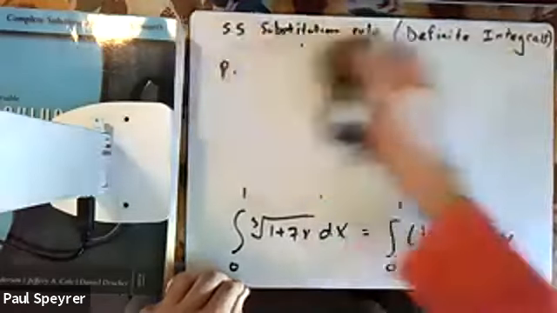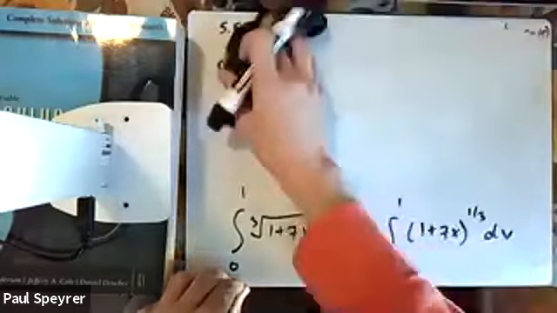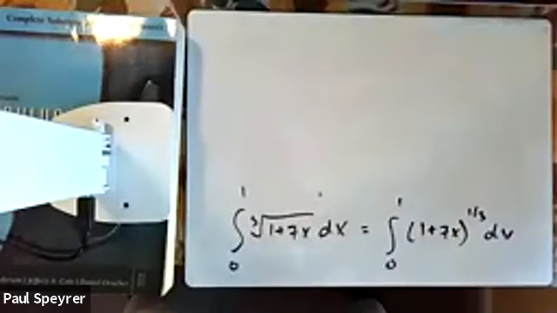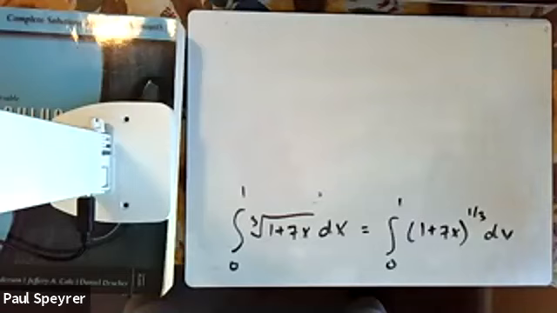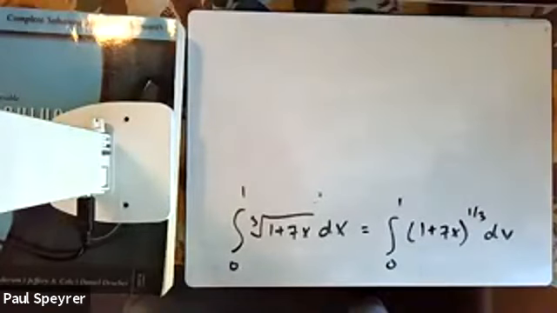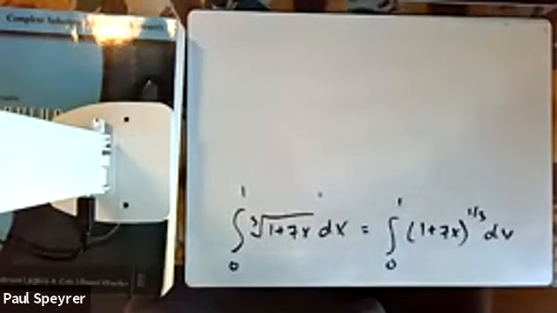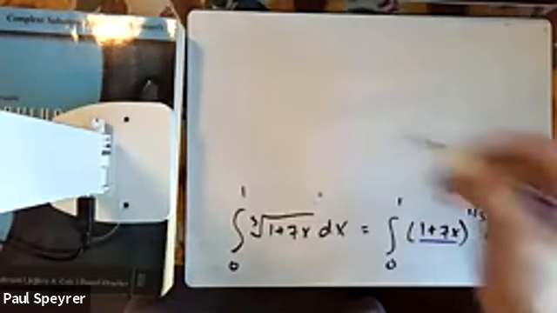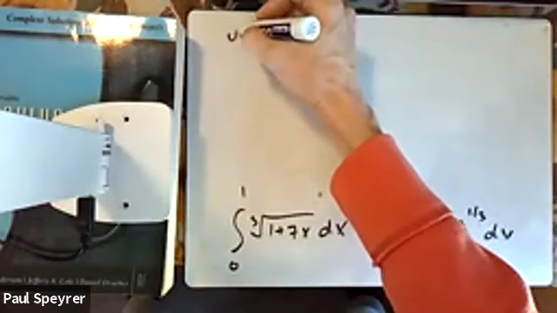So now that we've established that, we need to figure out what is u going to be right here. In this case, we only have one really inside part, right? Usually u is something trapped inside of something else a lot of the times, unless it's a trig thing, it could be something external. But for this right here, the thing trapped inside is this 1 plus 7x, right? So let's let u equal that.